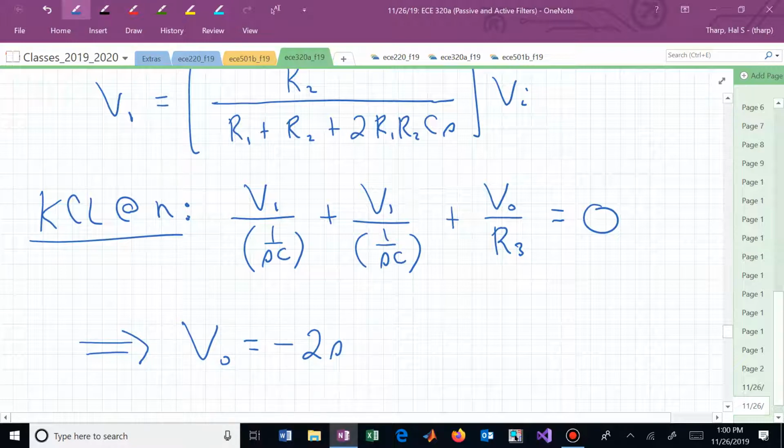Oh, and let me just make it a little bit more. And we also had V1 being scaled by those parameters.